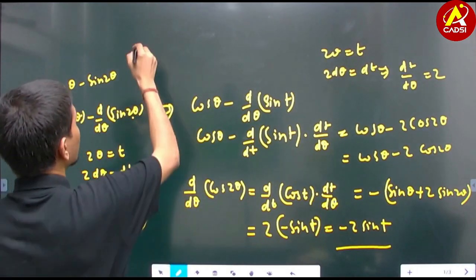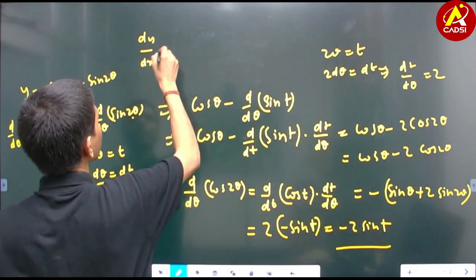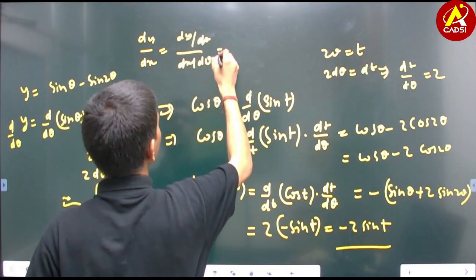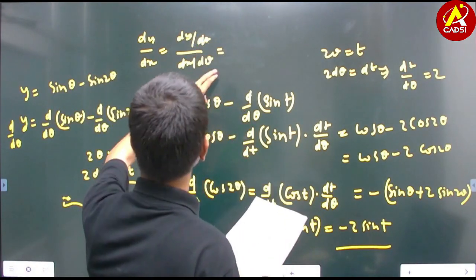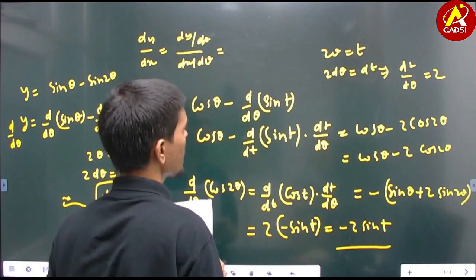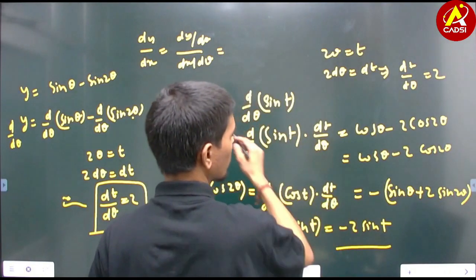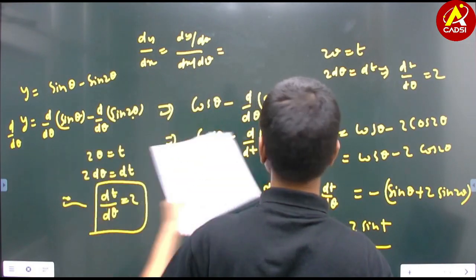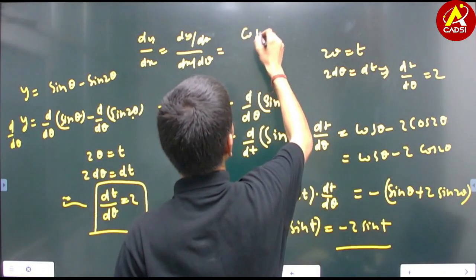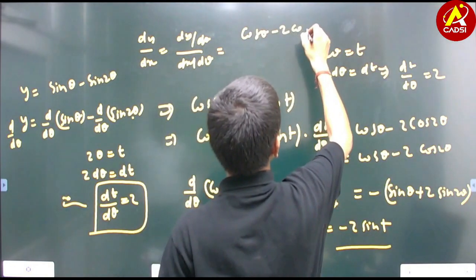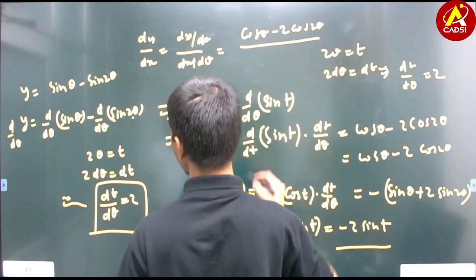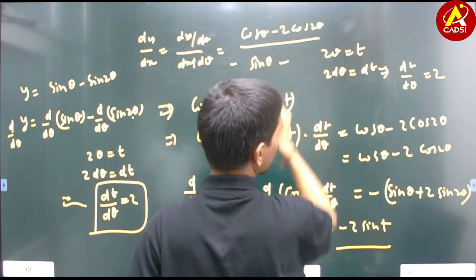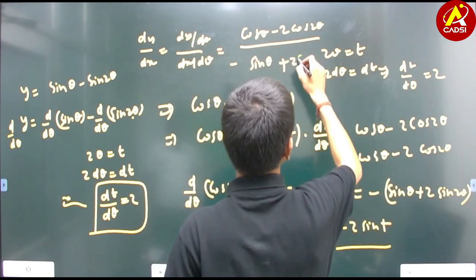so now dy over dx is nothing but dy over d theta and dx over d theta, because d theta cancels, so we get dy over dx. So dy over dx is cos theta minus 2 cos 2 theta upon minus sin theta plus 2 sin 2 theta.